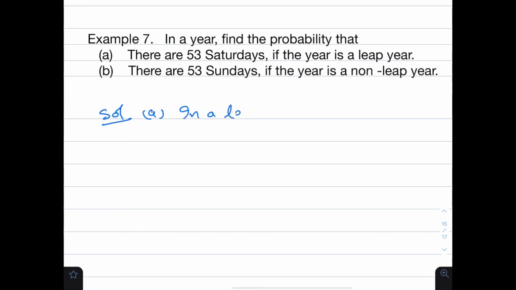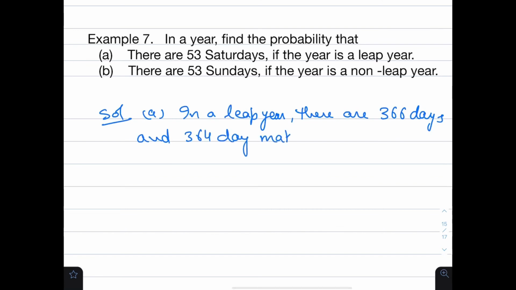In a leap year, there are 366 days and 364 days make 52 weeks. When 52 weeks are made, 52 Saturdays will come.